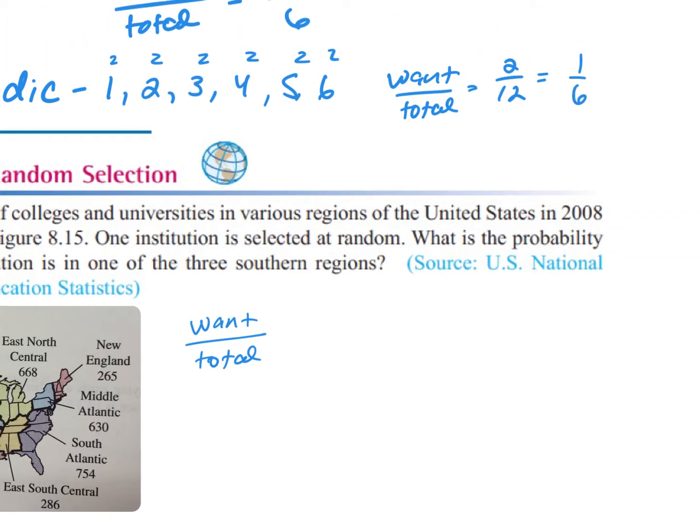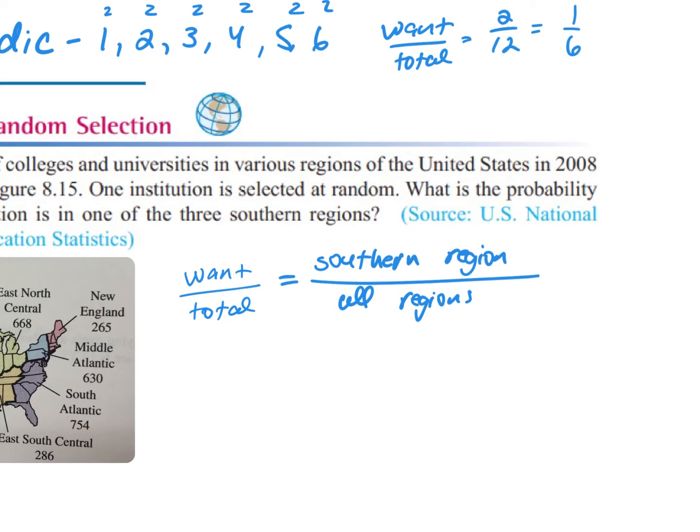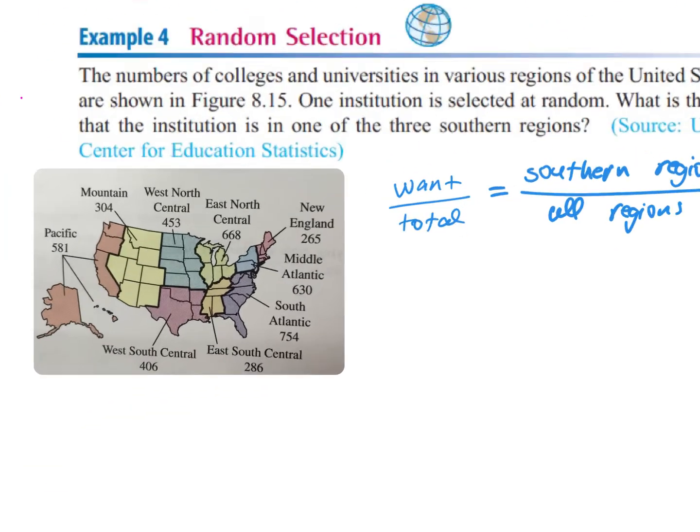So what do I want to get? A college where? In the southern region. Okay. And what goes on the bottom? All the colleges. All the regions. Good. Well, how do I figure out which ones are in the southern regions? Anybody tell me?